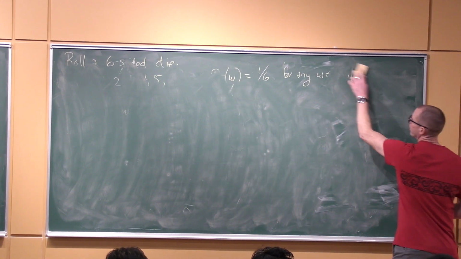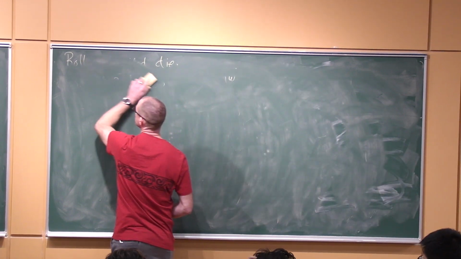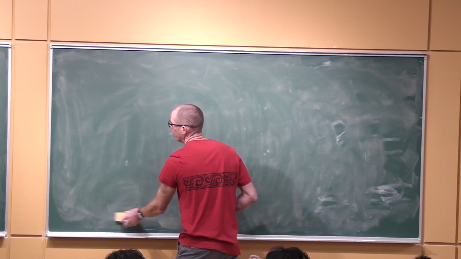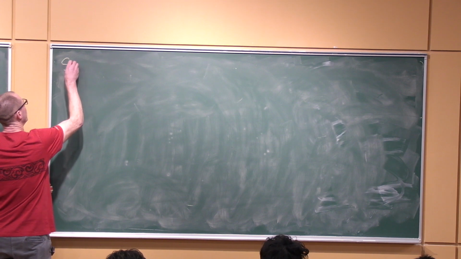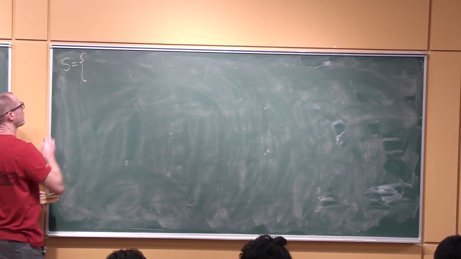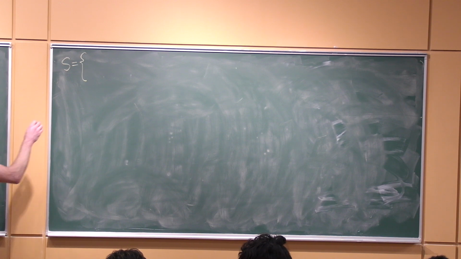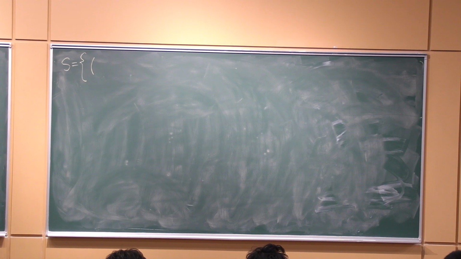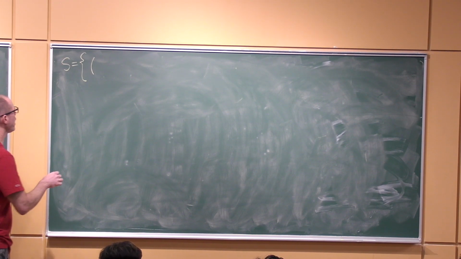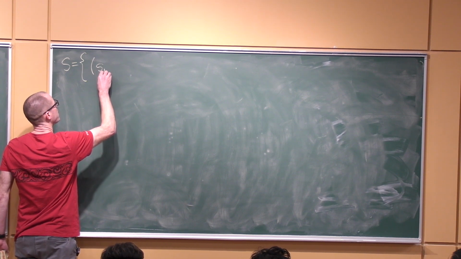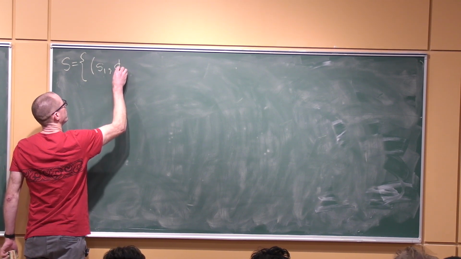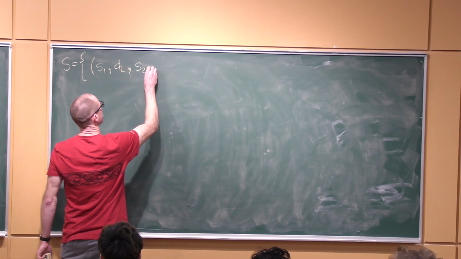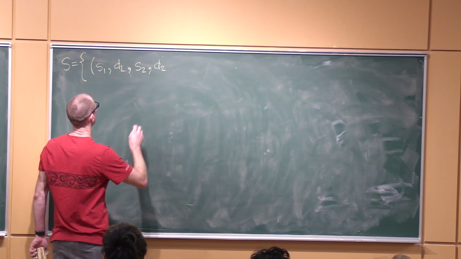Okay, well, definitely the set S is more complicated now. Instead of just 2 things, 2 sexes, there's actually 4 things. That is the sex of the first child, the day of the week that the first child was born on, the sex of the second child, and the day of the week that the second child was born on.